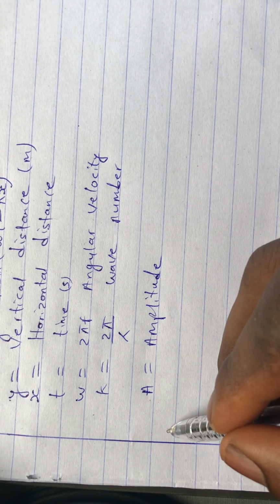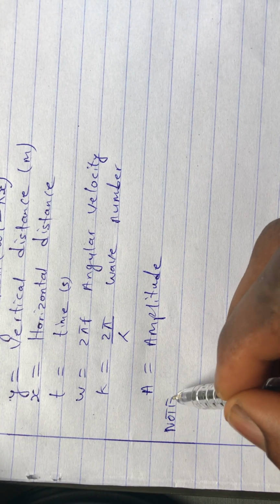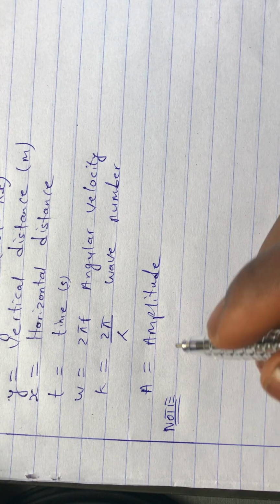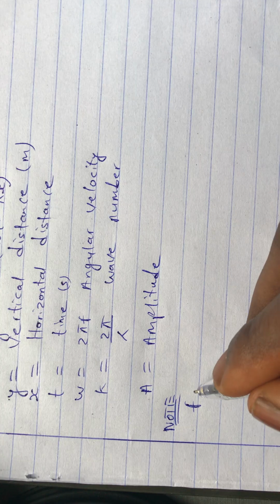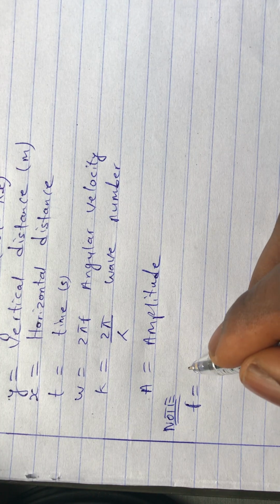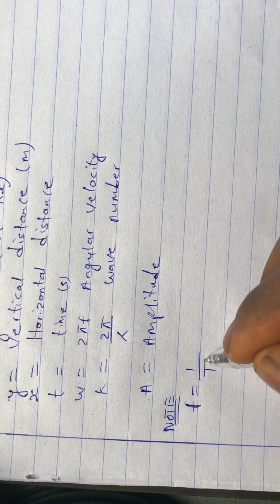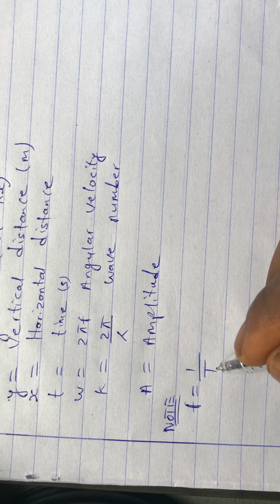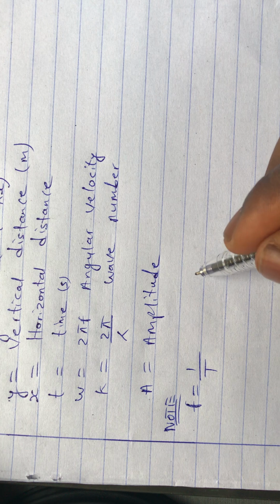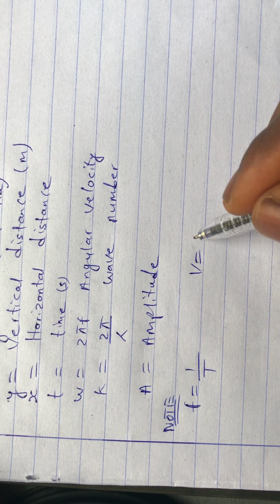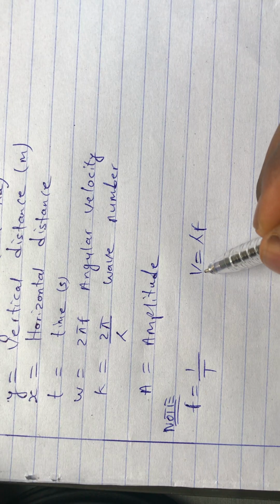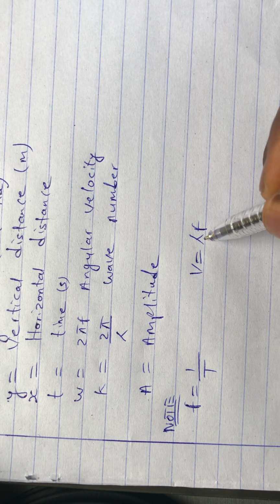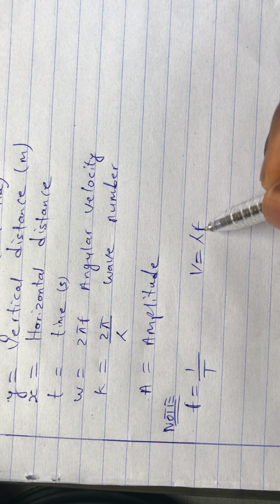Your frequency f is equal to 1 all over T, where capital T is your period. Also, we know that v equals lambda times f: velocity equals wavelength times frequency.